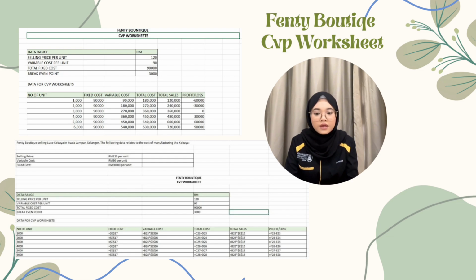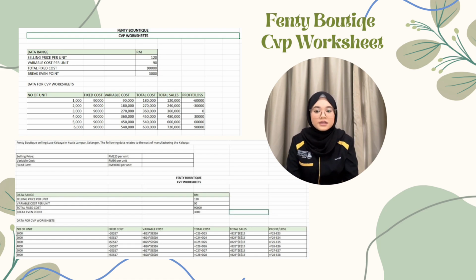To dynamically project our financial outcomes, I built this CVP worksheet using Excel formulas. As you can see in the lower half of the picture, the fixed cost remains constant using absolute cell referencing. Variable cost is calculated dynamically by multiplying the number of units by our per unit variable cost.